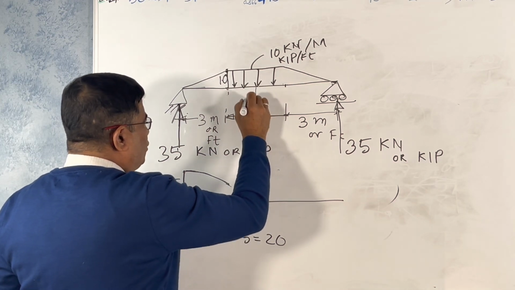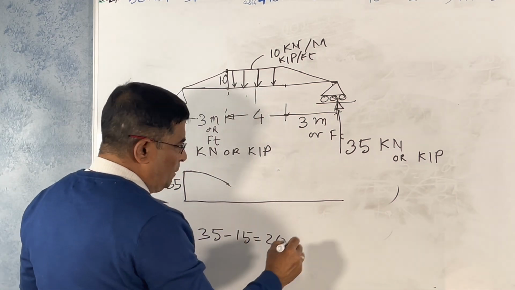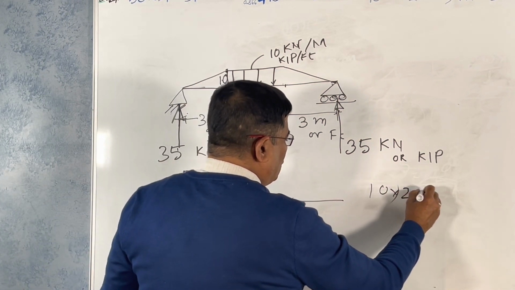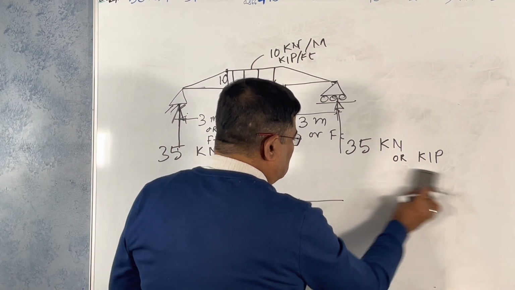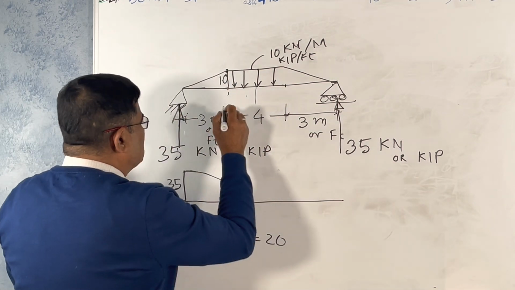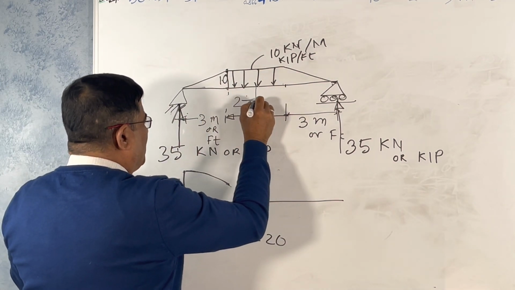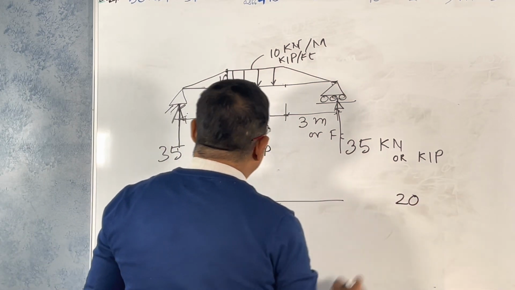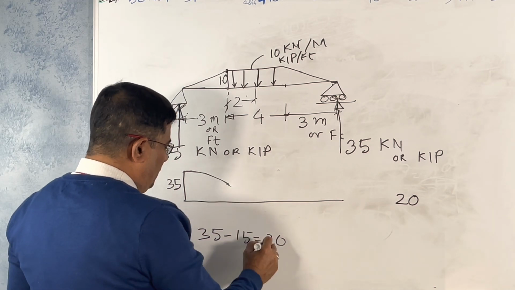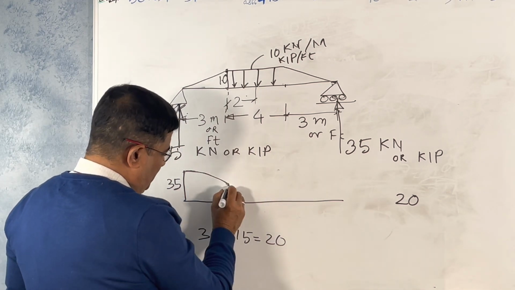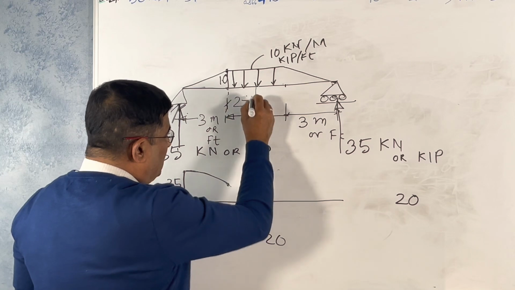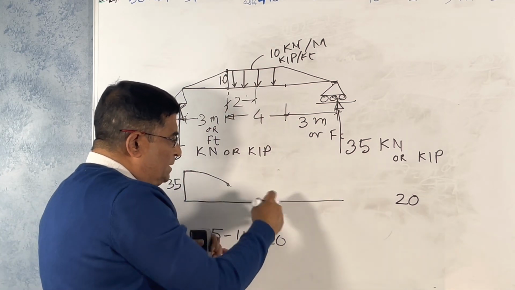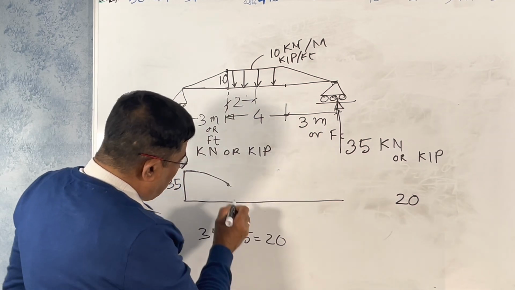From here to here, 2 times 10 is 20, so up to here it is 20, then this load is coming and neutralizes it, so it becomes 0.